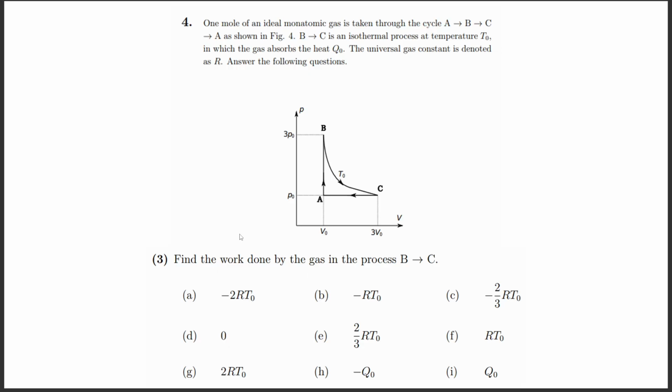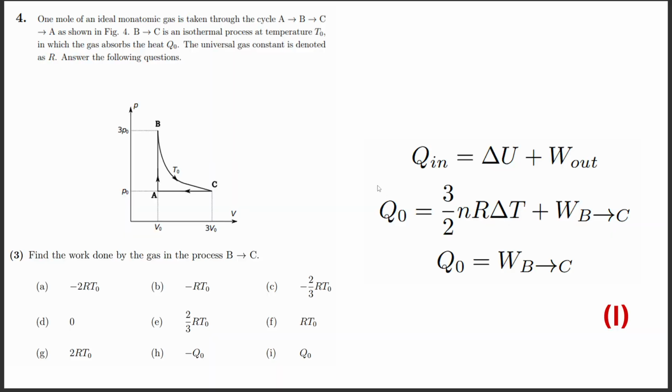Number 3. Find the work done by the gas in the process B to C. As usual, we write Q in is equal to delta U plus W out, and we write delta U in terms of nR times the change of the temperature.